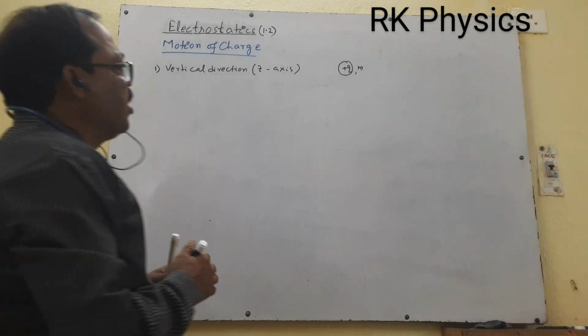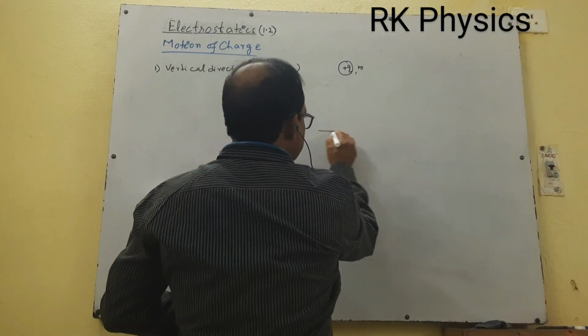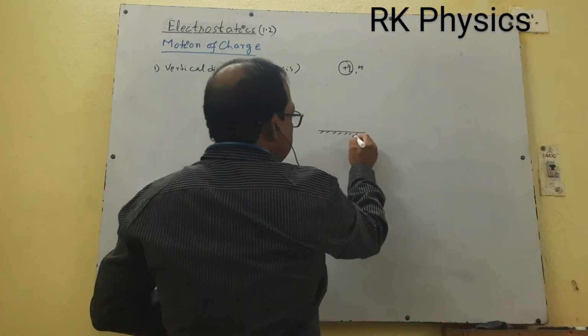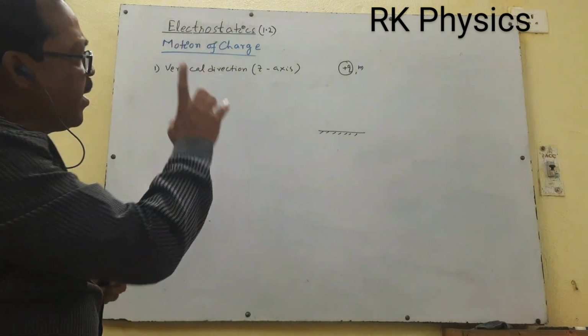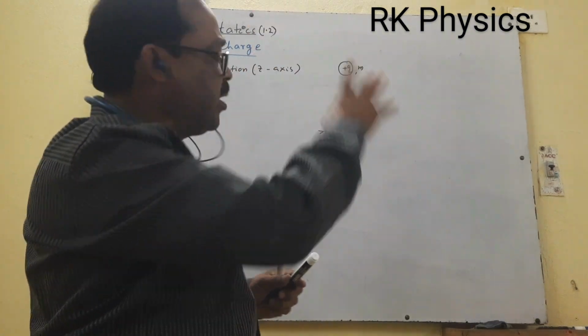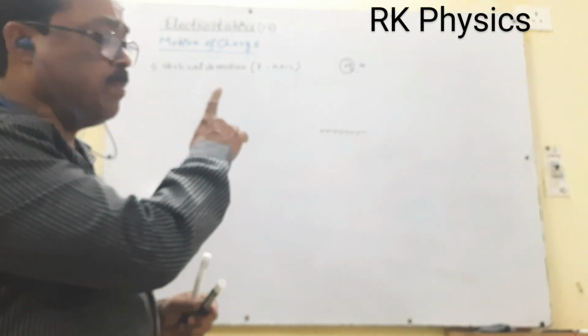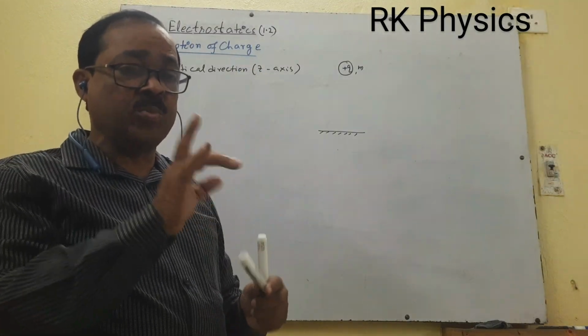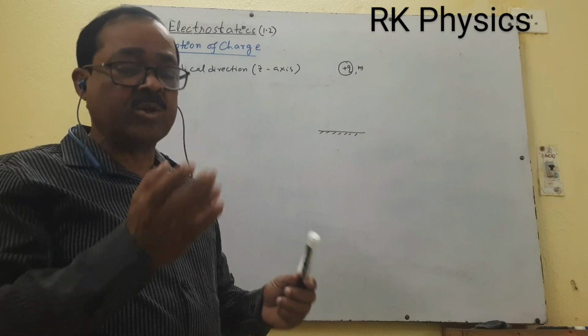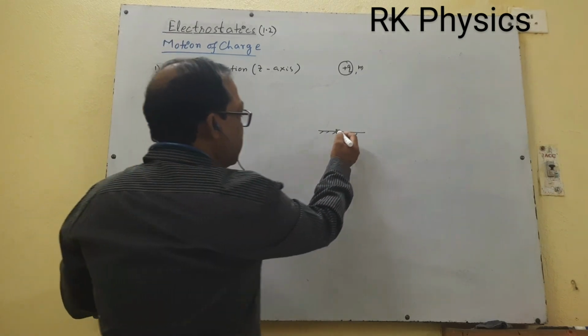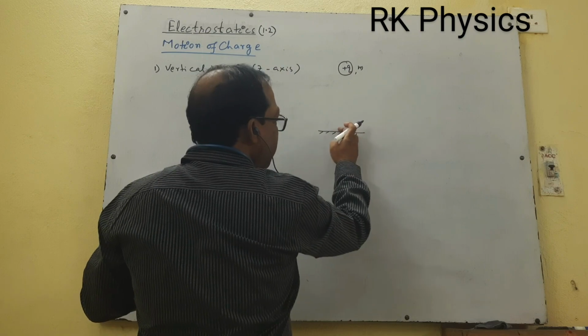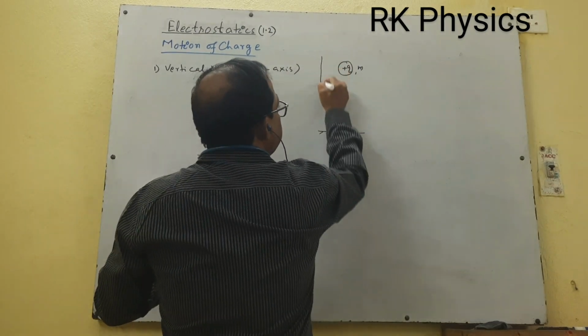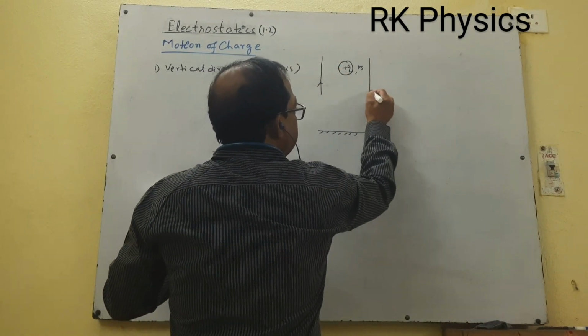Now suppose this is the ground. If you want that particle should be at rest in space, it has some mass, effect of gravity is there, but the particle should be at rest at that point. What should you do? You should place some other like charge here, or you can apply an electric field.